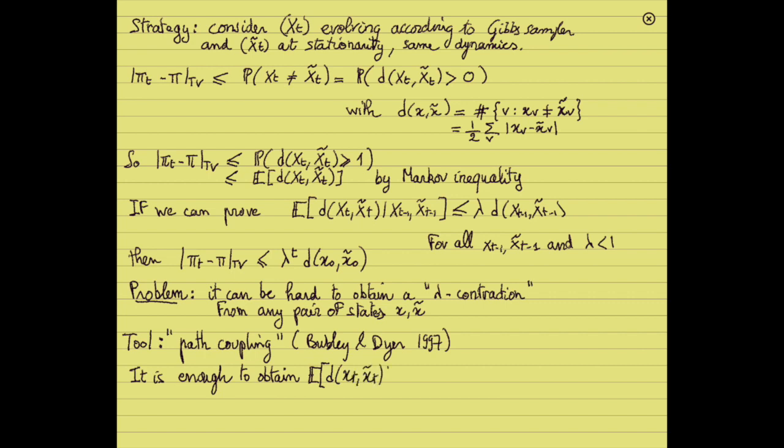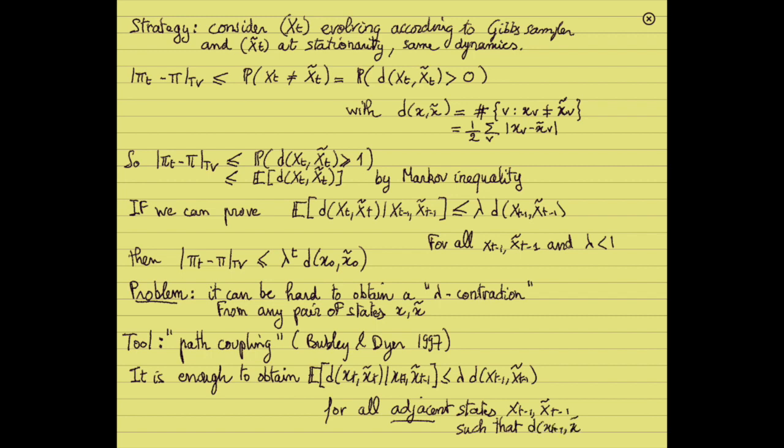So again, the expected distance at the next step is less than lambda times the current distance. It is enough to obtain this contraction for all states that are at distance 1 to one another. So instead of considering all possible pairs of states, we consider only the adjacent states x t-1, x tilde t-1, such that their distance is equal to 1. We do not need to consider the states that are further away than that.